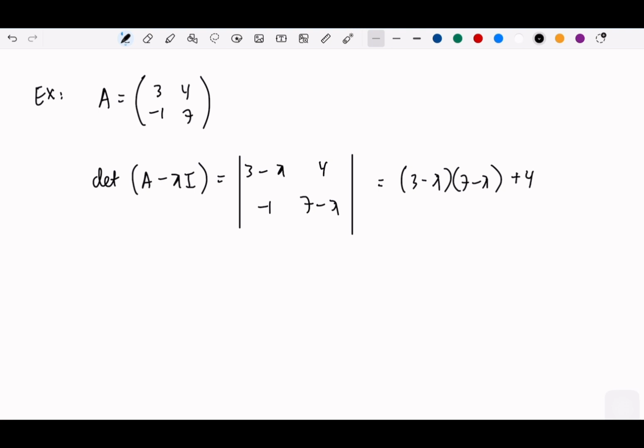So we have 21 minus 10 lambda plus lambda squared, and then plus 4, so this should be 0. Plus 4 is 25, right? Or no?